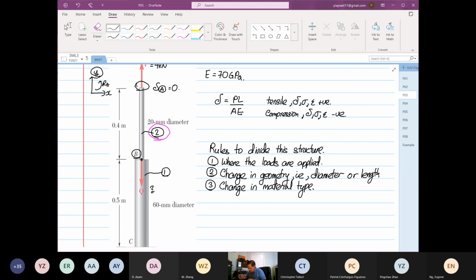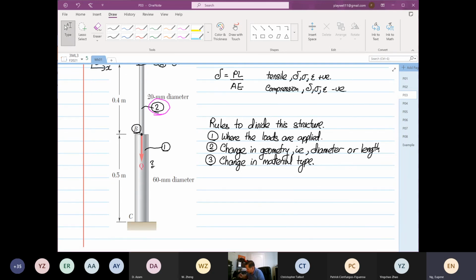Then we know, right? The next thing we know is that what we want to determine is Q. So the total deflection is equal to deflection of AB plus deflection of BC. Now we want to find the deflection of AB and the deflection of BC.